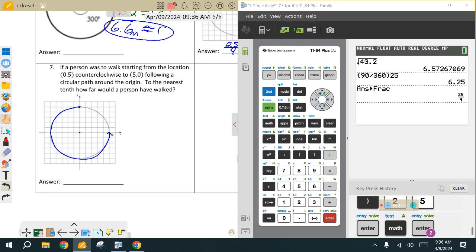Stop in here, don't we? What do we just represent then? How far did that person walk? What's that? 3 sectors. Okay, 3 sectors, 3 90s, right? Which represents how much? 270, which is 3 fourths.